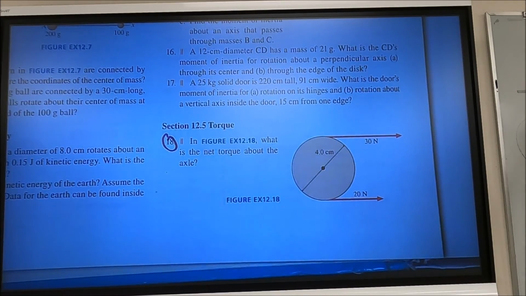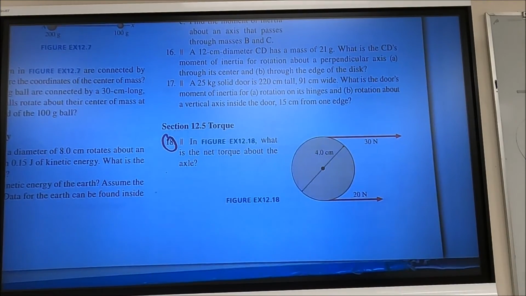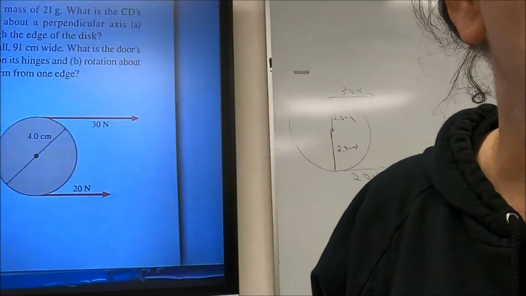I've got a 30 newtons force up top, and I have a 20 newton force below, and the diameter of this guy is 4 centimeters, so the radius is 2 centimeters. Okay, so I've redone my picture.